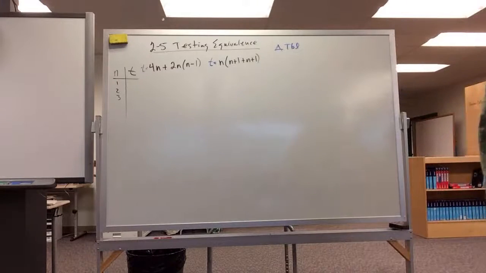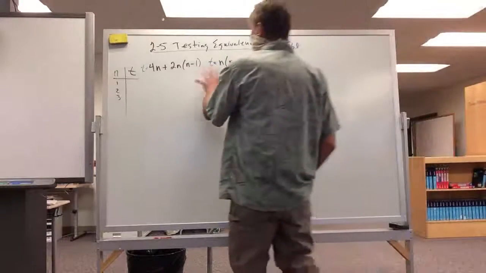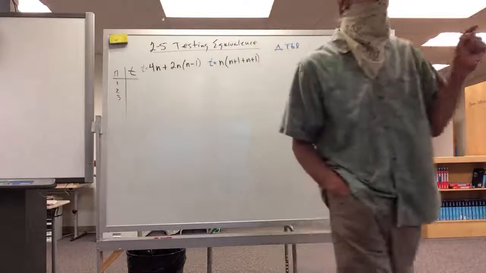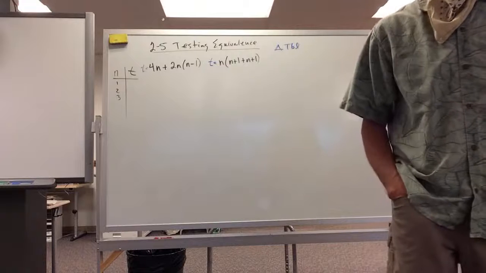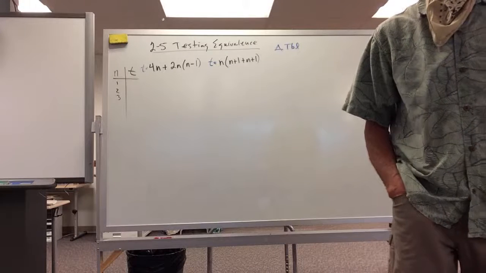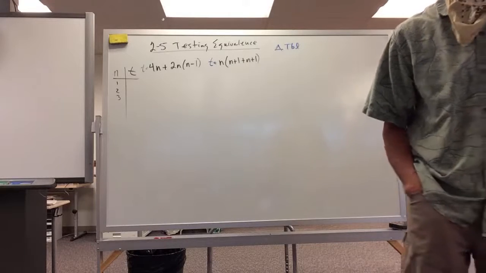So here's a bit of technicality though. We know that this works for the numbers that are in our table. But it would take forever to look at every single possible number, right? Like 3 or 4 is nice.